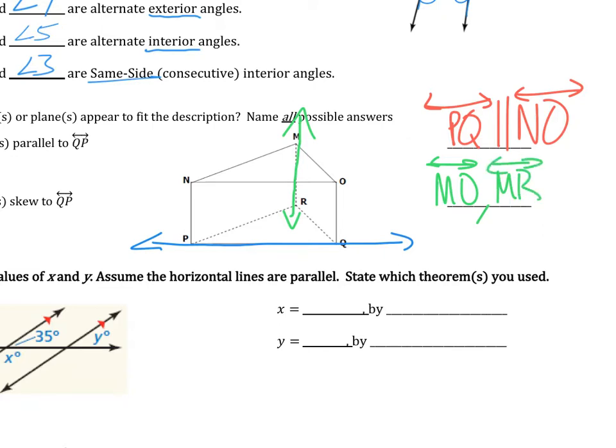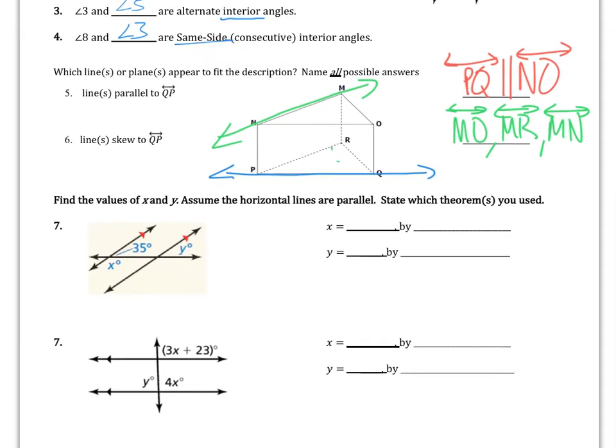Oh, I'm sorry, there's another one. You see another one? We said MO. And what about this one right here? That's not quite parallel. It's kind of tweaked at an angle. So MN is a skew line also. So all three of these are skew to PQ. All right, so you need all three of them.